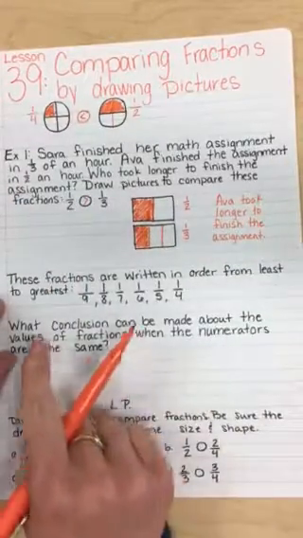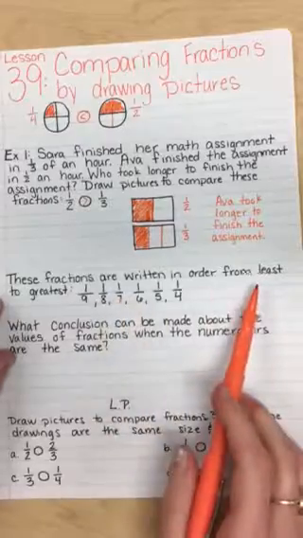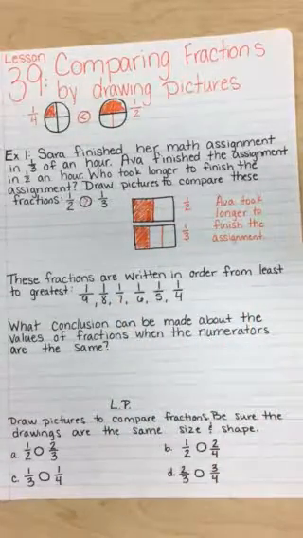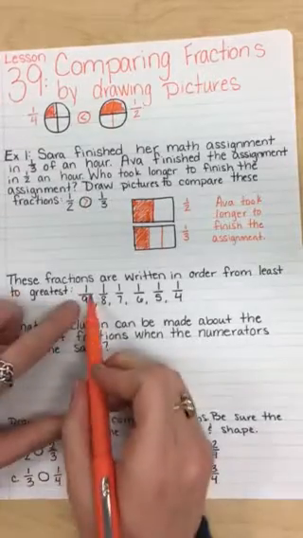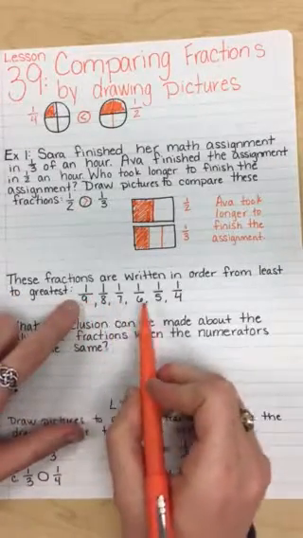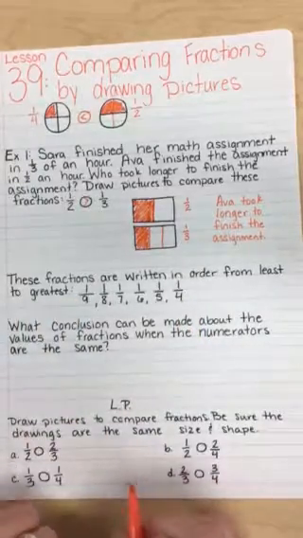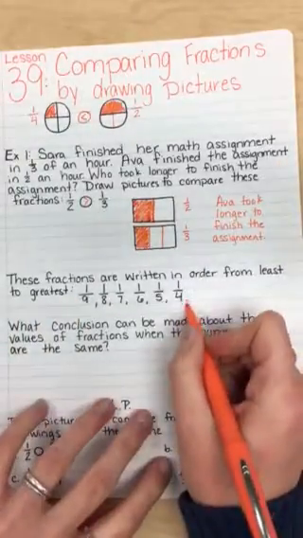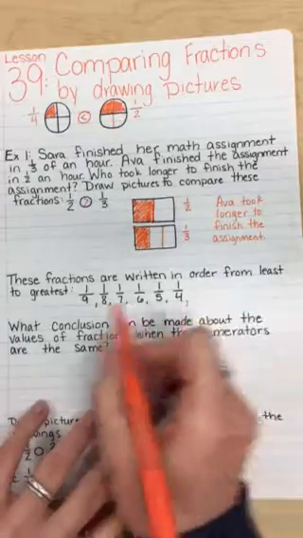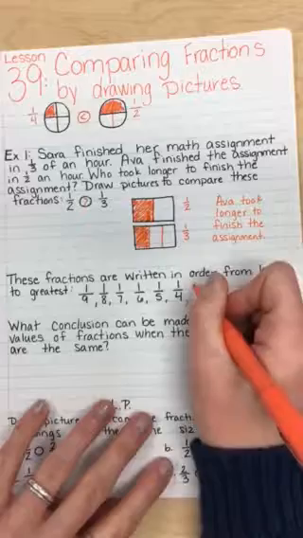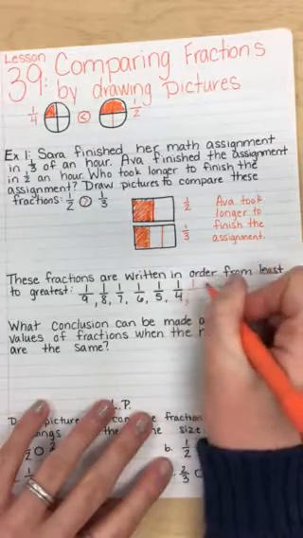And then down here, these fractions are written in order from least to greatest. We have 1/9, 1/8, 1/7, 1/6, 1/5, 1/4, and I did not finish. So I'm going to write, what do you think the next one is? Well, let's look at the pattern. 1, 1, 1, 1, 1, 1. Feel like one of those birds on Finding Nemo.